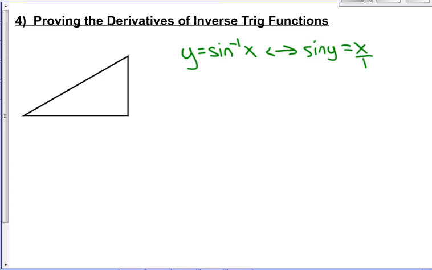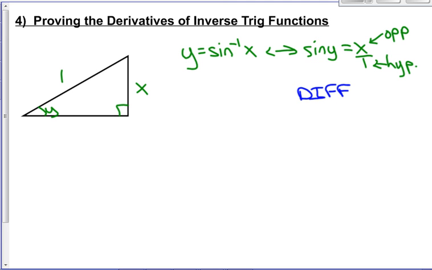And the easiest way for us to do these proofs is to set up a triangle that has these properties. So the angle we're interested in, we're calling y. This is going to be our opposite of x, and our hypotenuse of 1. And this expression on the right, we're going to differentiate.